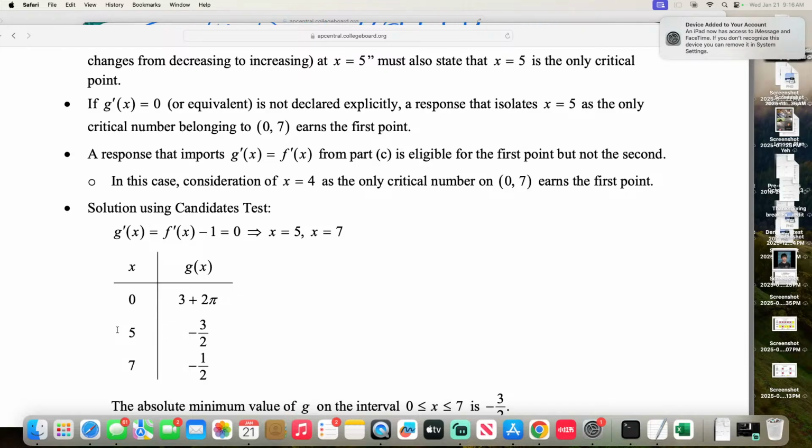So then you say, okay, well, at 5. That means I need to find out what's f of 5. How do I find out f of 5? Did we find f of 5 earlier? What's f of 5? It's 7 over 2, right?